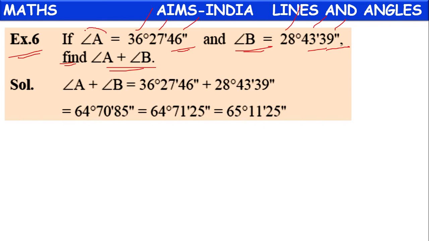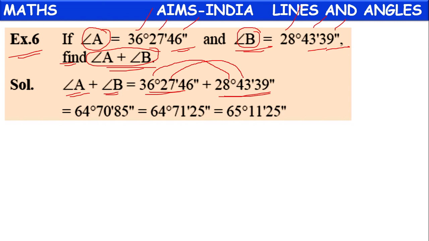They have given the measurement of angle A and angle B. We have to find their sum. So here, angle A plus angle B, we have to write the angle A value and the angle B value. While adding, we have to add degrees with degrees, minutes with minutes, seconds with seconds.